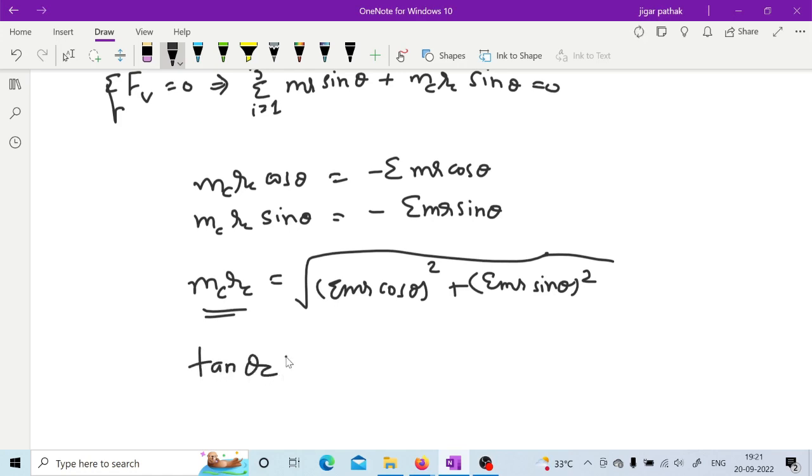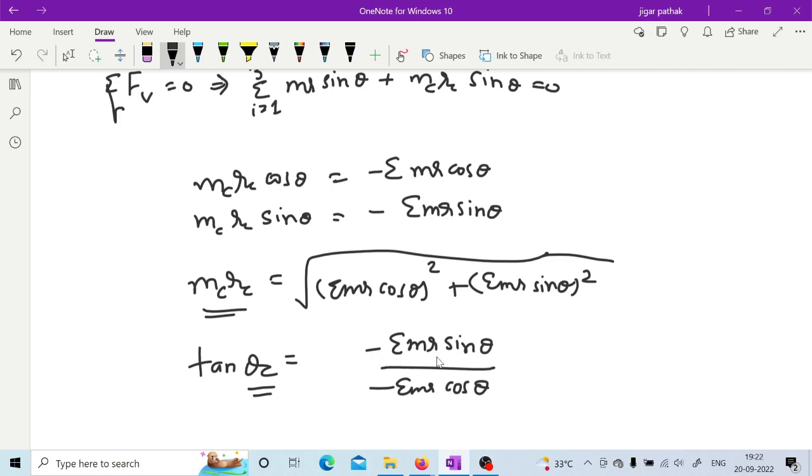Here you have to calculate this theta by taking the ratio of the above equations, right? mr sin theta upon mr cos theta. While taking this angle theta c, it is important to carry the sign whatever you are getting. If the summation of mr sin theta comes positive, it should be positive, and if it comes negative, it stays negative.